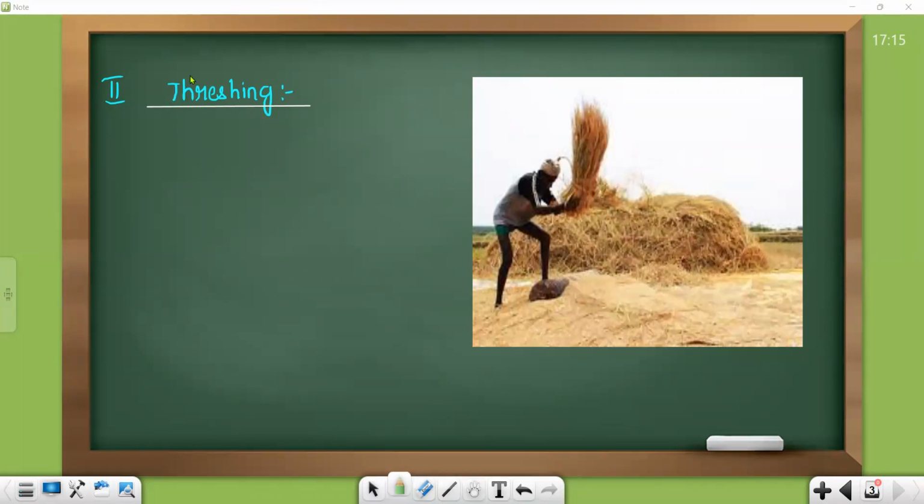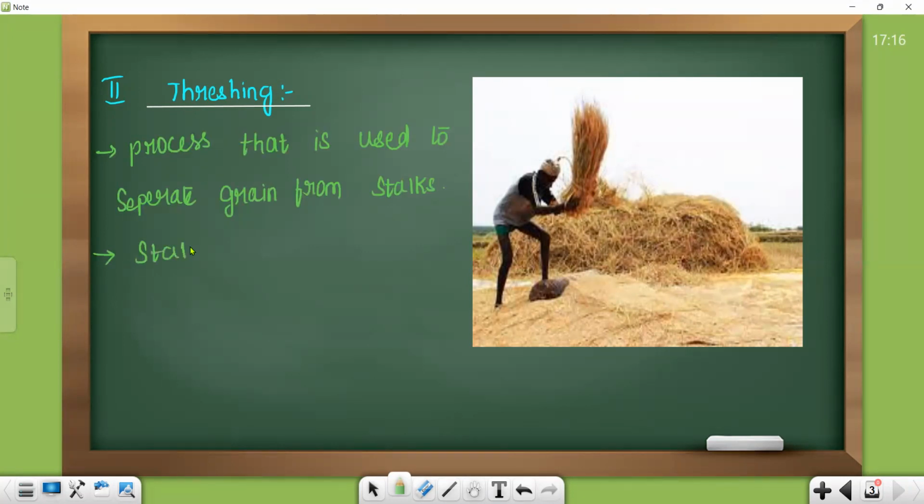So threshing means the process that is used to separate grain from stalks. In this process, stalks are beaten to free the grain seeds.